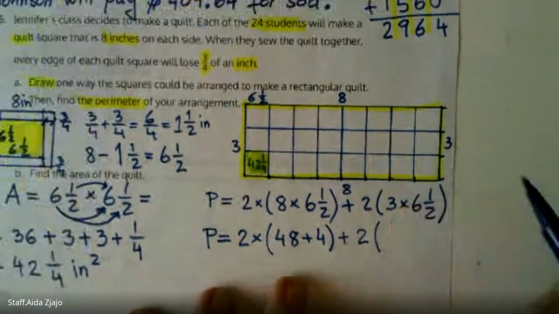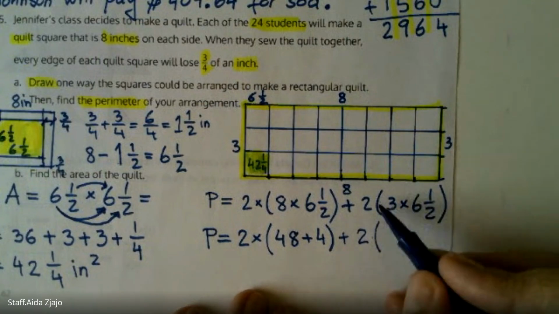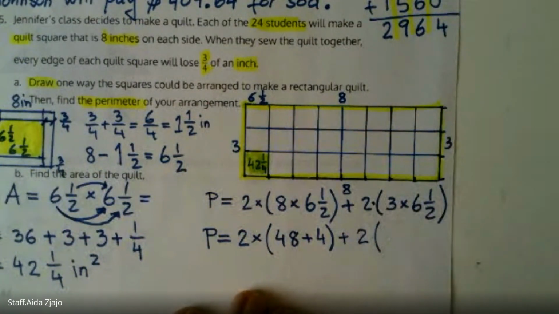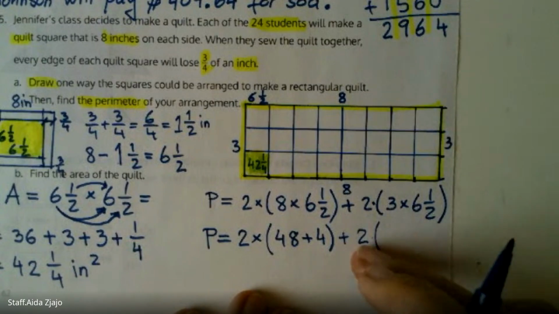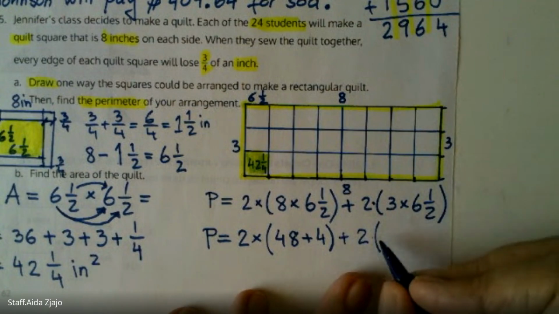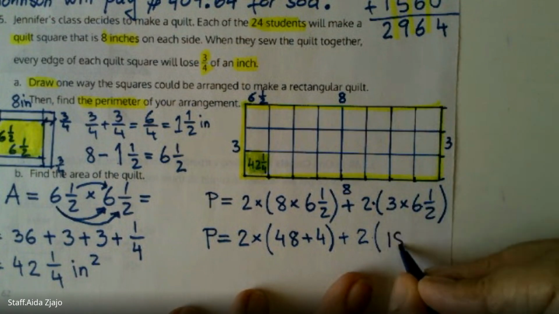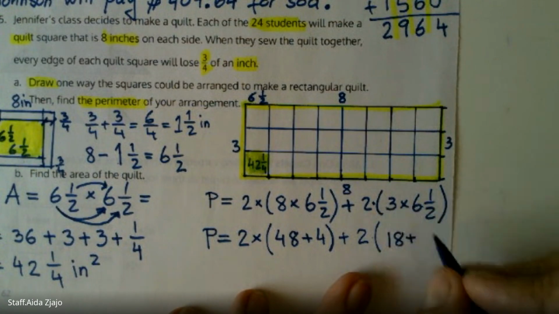There is an invisible multiplication sign, I don't need to put a multiplication sign here. We usually don't put it, it's just that you need to know that. 3 times 6 is 18, and then half of 3 is 1.5.